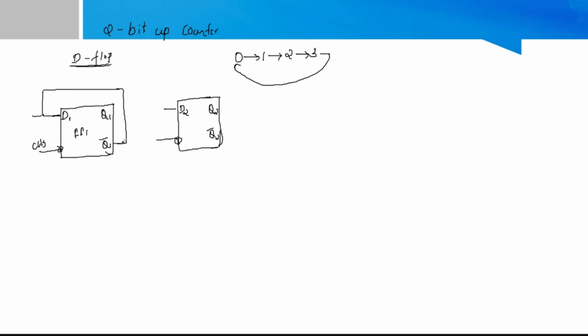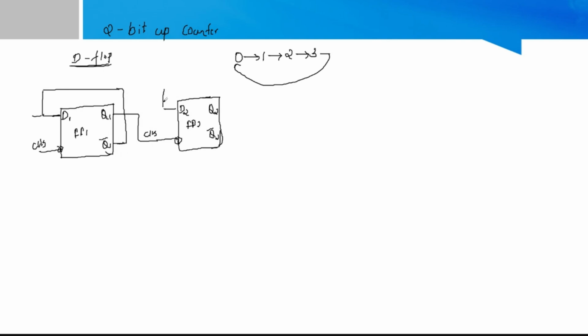This Q1 bar. This will be the clock signal for the flop 2. This is flop 2.